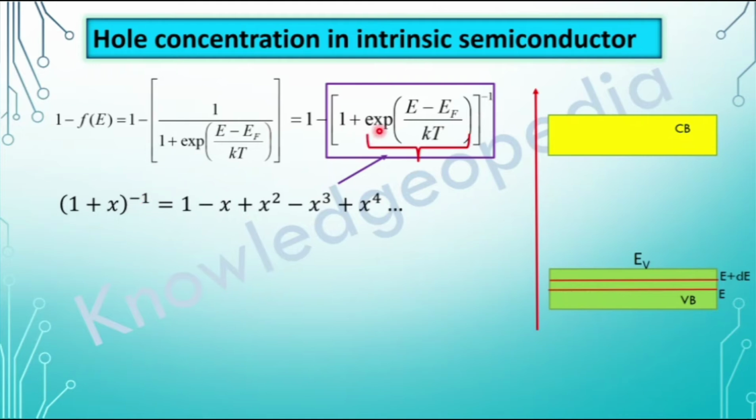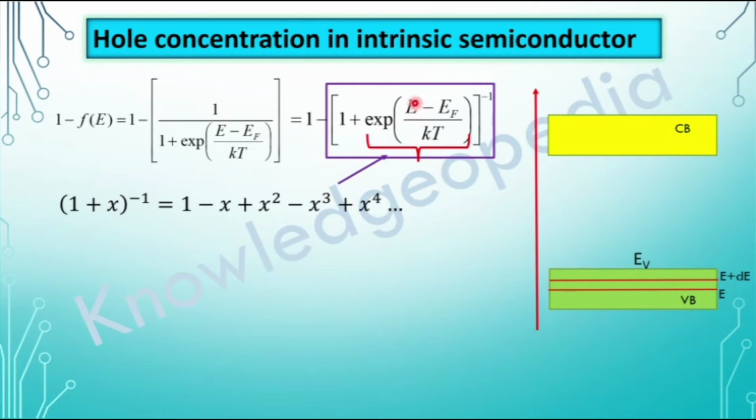So this exponential factor we can take as x. So this can be written as 1 minus exponential this plus this exponential whole square. Like that I can write this expansion.